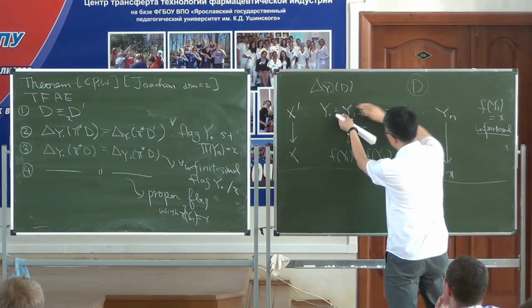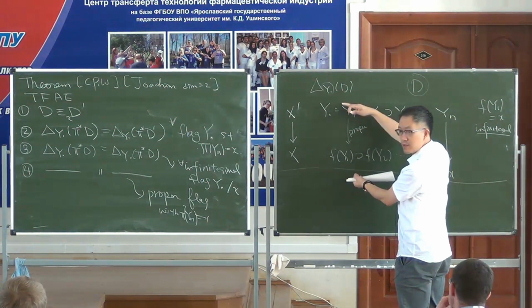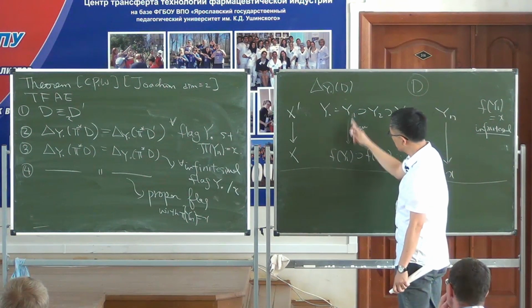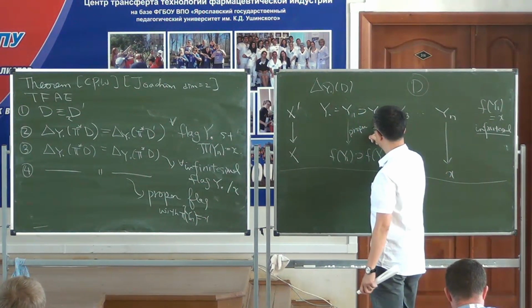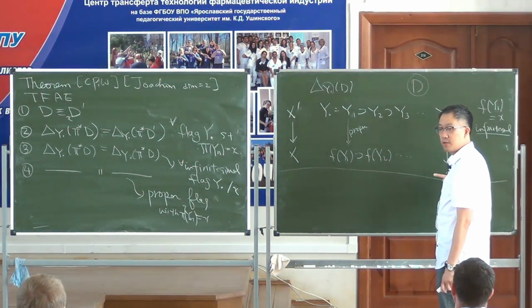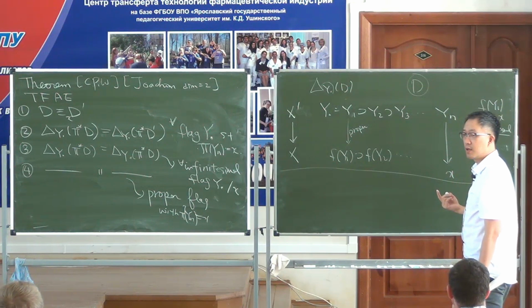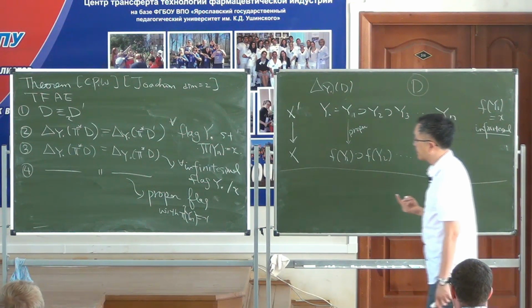Infinitesimal means all these collapse to x. But proper means it doesn't collapse at all. So y1 goes to the codimension 1, y2 becomes codimension 2, and it forms a new flag. It just means that nothing except yn is contained in the exceptional divisor, right?